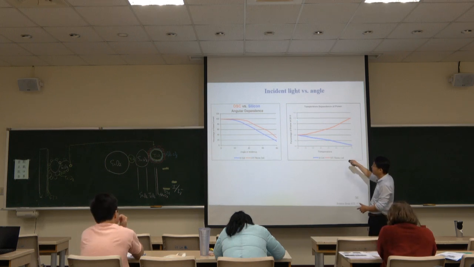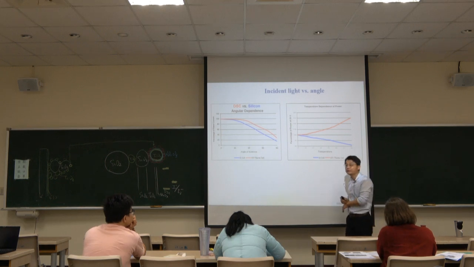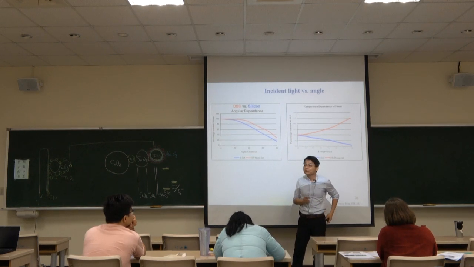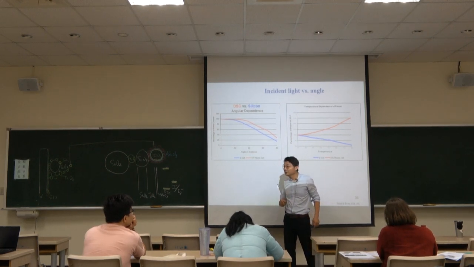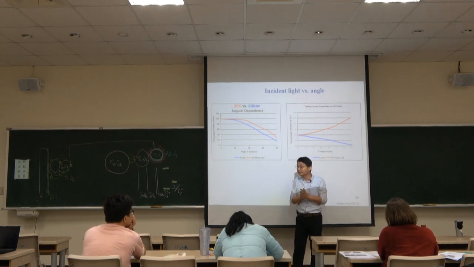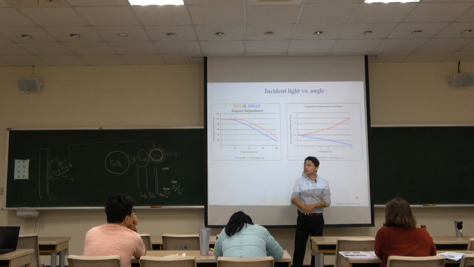But for the dye-sensitized solar cell, as the temperature increases, the efficiency increases. This is, as I mentioned previously, because the electrolyte has a high viscosity. Right? So if we increase the temperature, the viscosity will be reduced. Viscosity, you know?